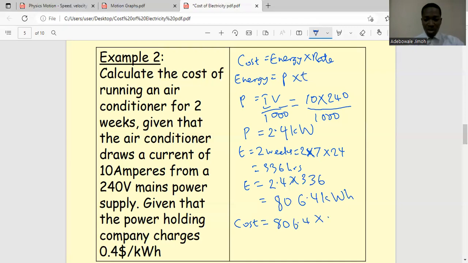So you multiply it by 0.4. If you multiply 806.4 by 0.4, you get $322.56. This is what you have to pay the power holding company.